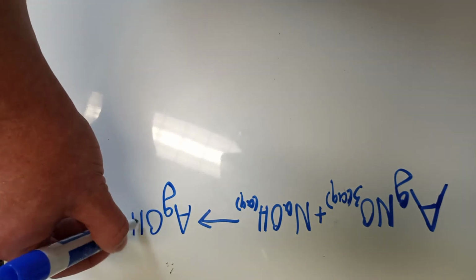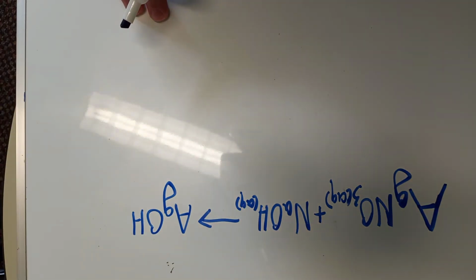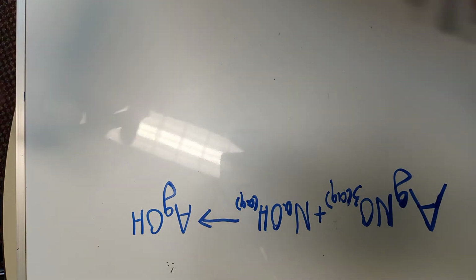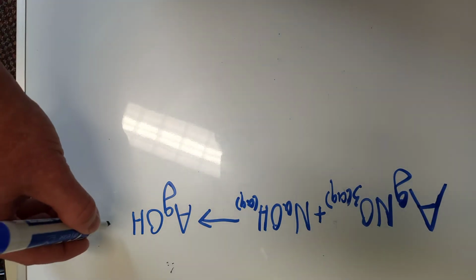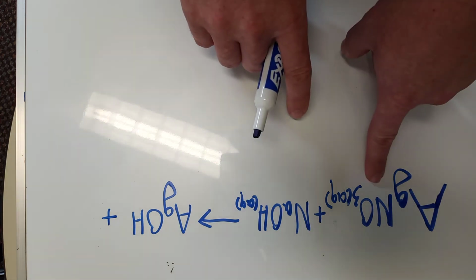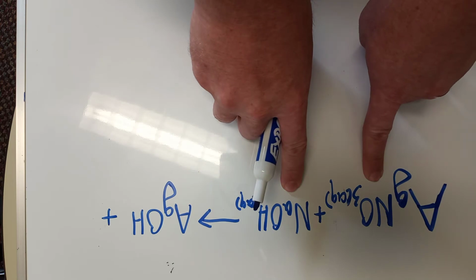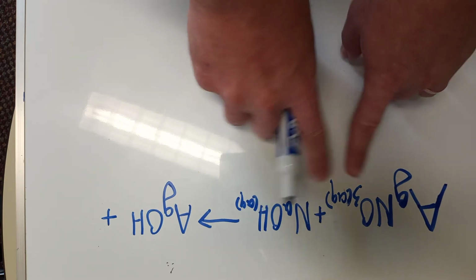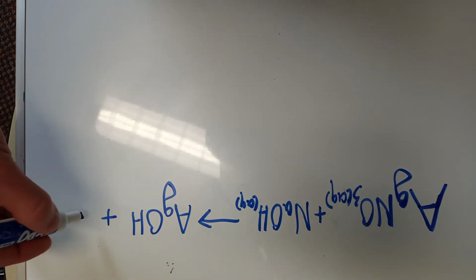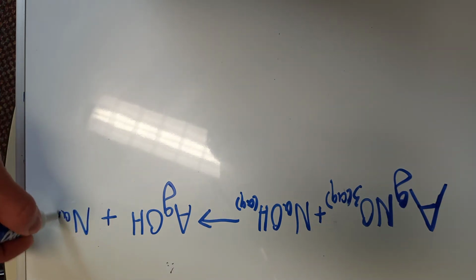You do need to crisscross your charges, but the nice thing is Ag and OH are both 1 in magnitude, so no subscripts are needed here. Then the other things left are NO3 and Na. One's negative, one's positive, so they would attract and go together. By convention, we always put the positive first, so this would be NaNO3.